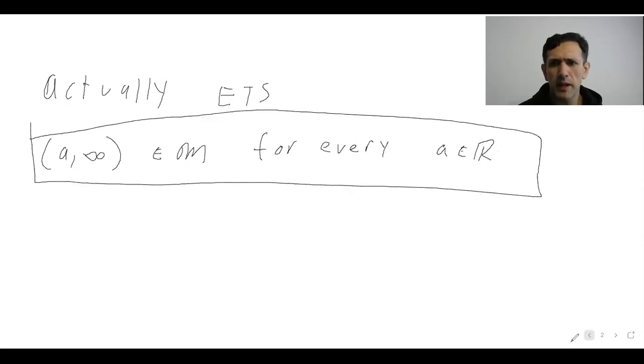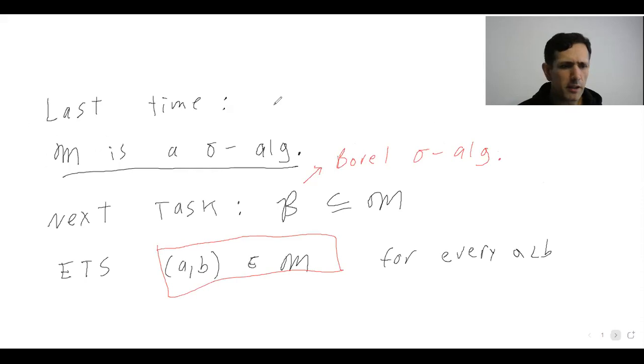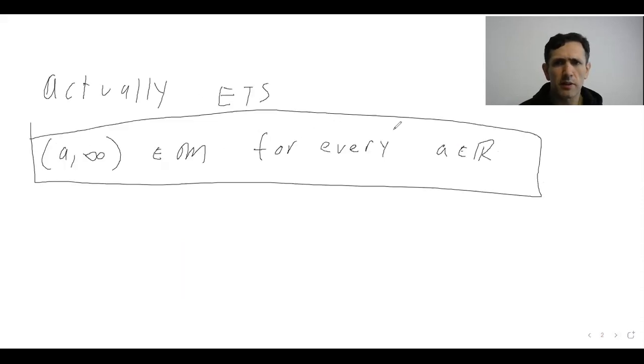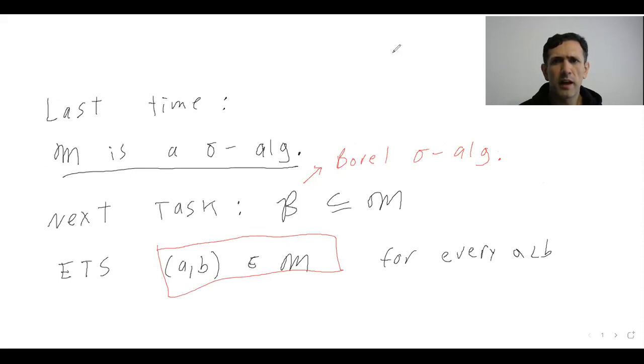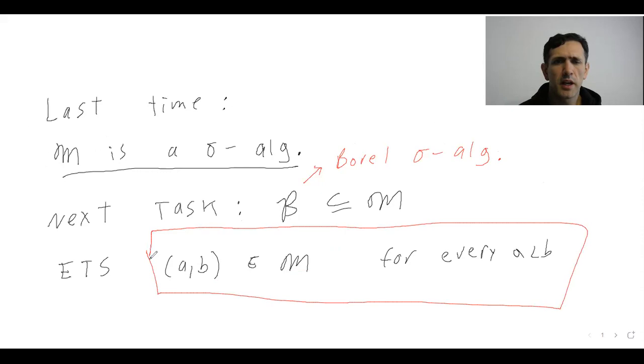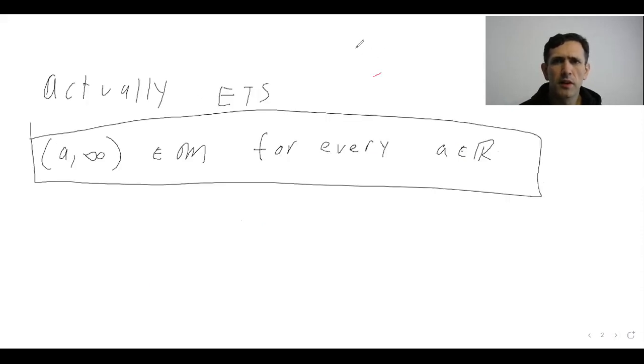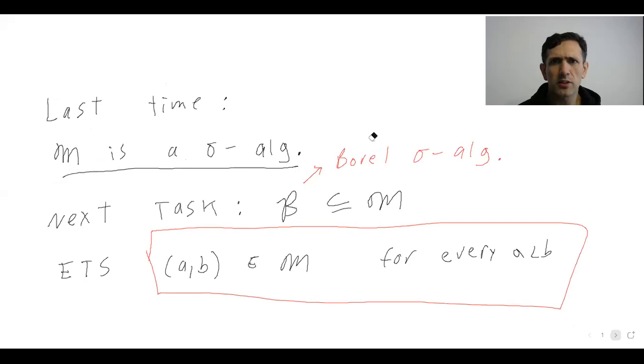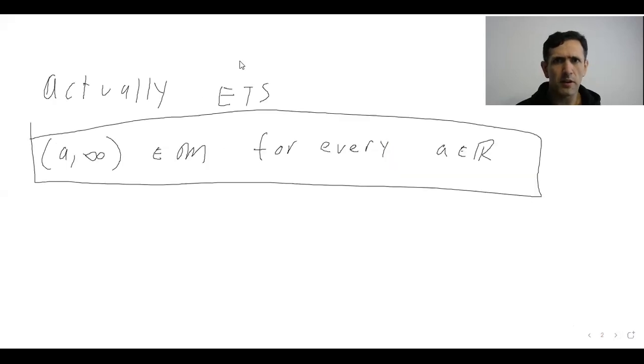What I'm claiming is that if I can prove this, then I will have what's in the red: that every finite open interval is in script M. Why does what's in the black imply what's in the red? Well, the answer is very simple.